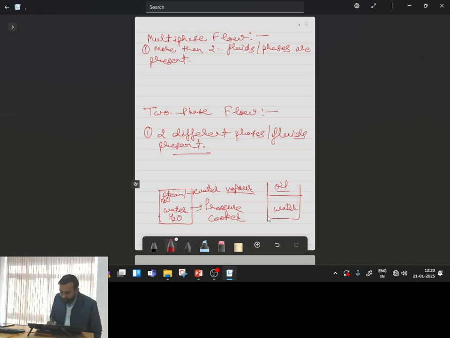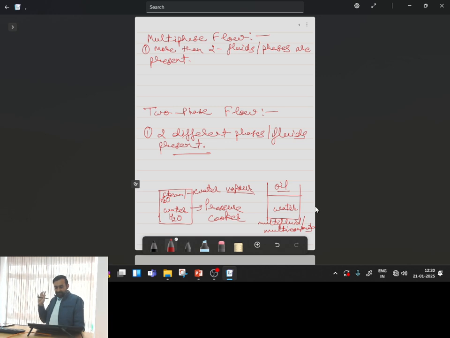This type of system will be a multi-fluid, or I can say multi-component system. Here both the fluids are in the same phase. Oil is also in the liquid state, and water is also in the liquid state. But the only difference is these are two different components. Is this point clear? So this will also come under the category of multiphase.